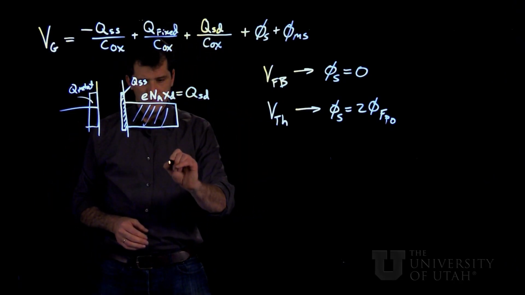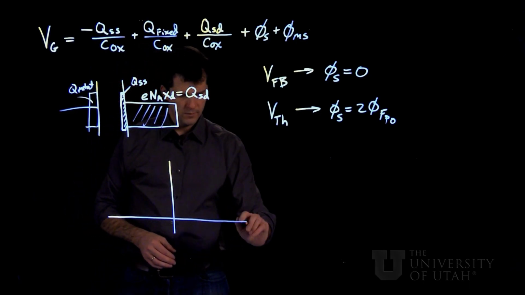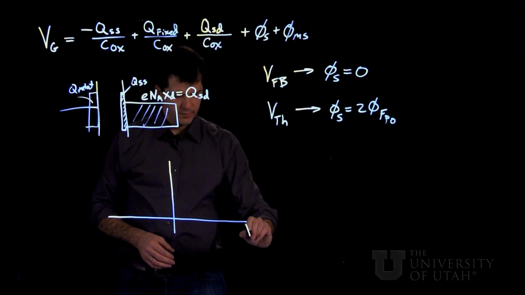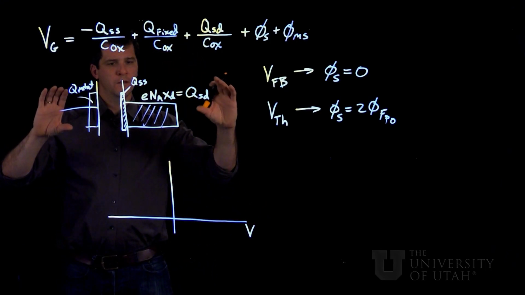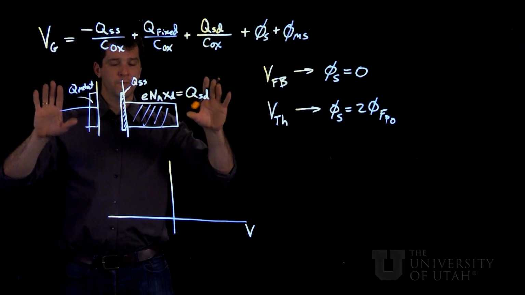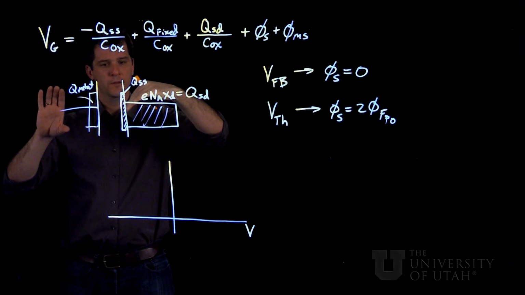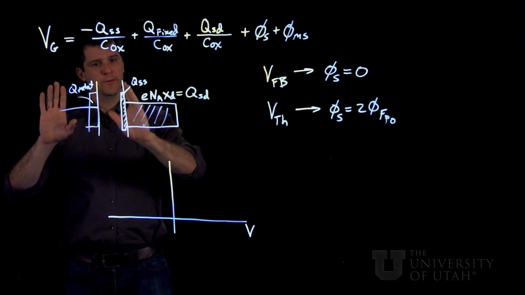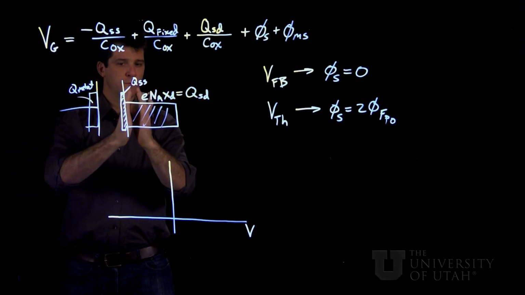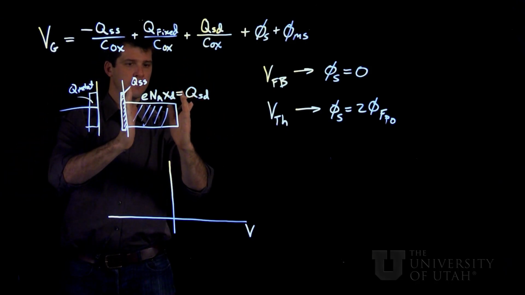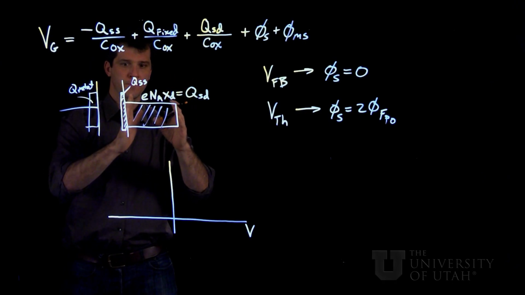So if we look here at a plot of voltage, and if we want to bring a p-type material to inversion, it means we want the bands to curve downwards towards the interface, and we'll pile up electrons at that point. Now, if the bands are bending that way, it means that we've expanded the depletion width out, as in any other type of junction, Schottky, PN, and this one.